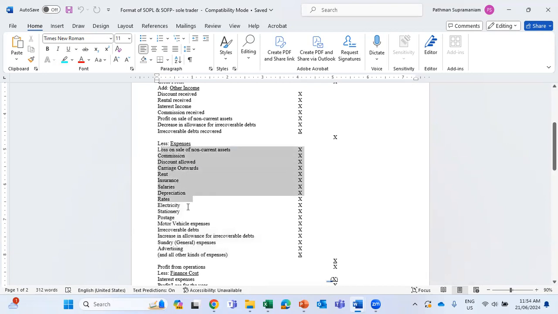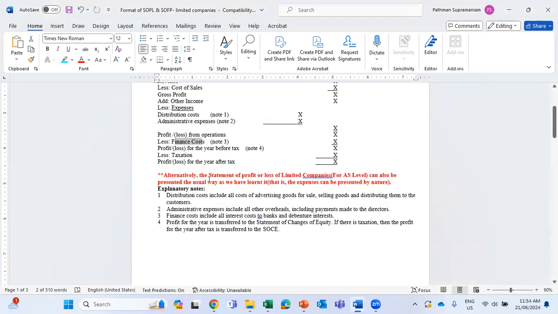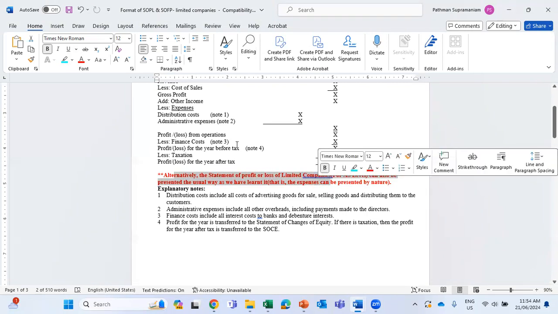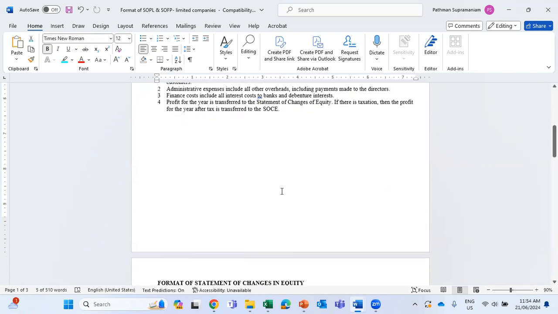Nature means you can see the name of the expenses. Alternatively, the SOPL can be classified by nature. But from 2016, they started this new format for AS. After that, usually they ask you to prepare by nature. But the question will tell you, you don't need to worry. I'll tell you how to go about it.